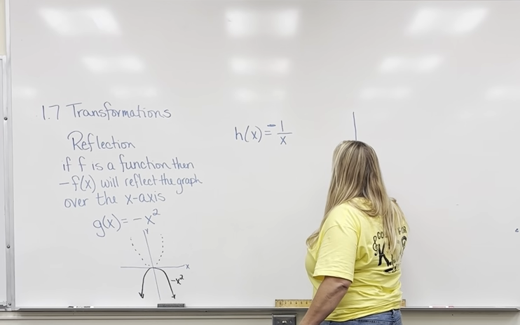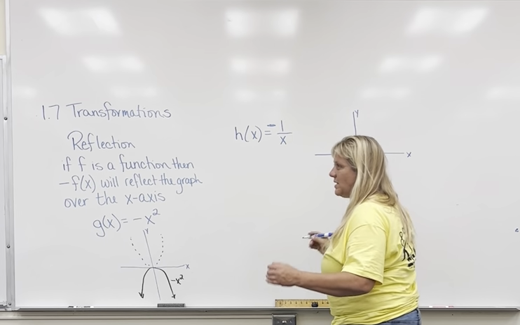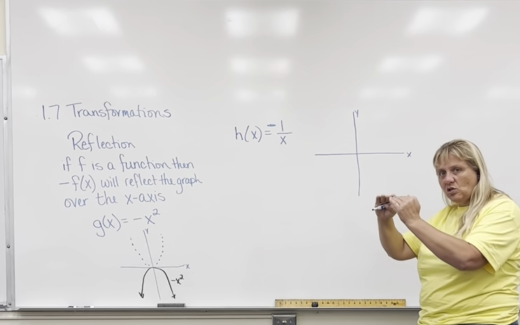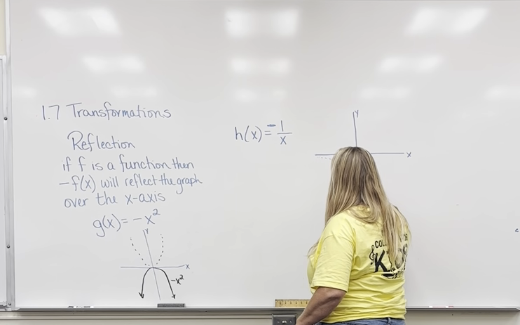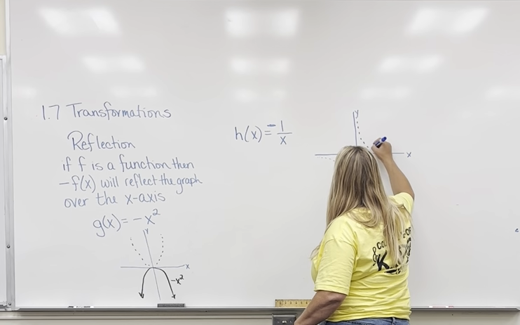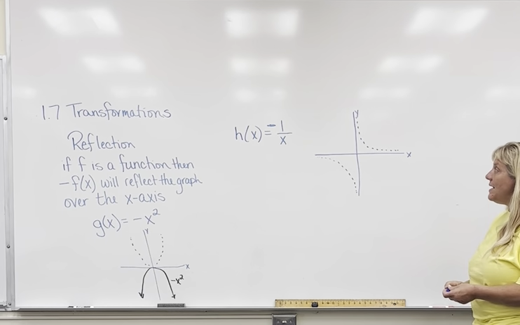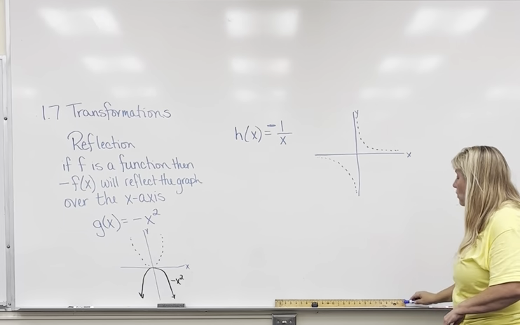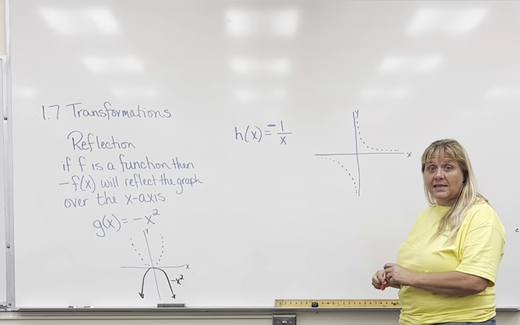Think back to 1 over x, the graph that has those two little arcs. I'm going to sketch it in like this. That's the original. But that negative is telling us that we need to make a reflection over the x-axis.